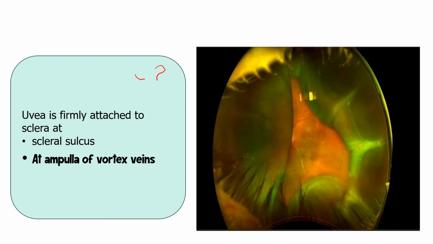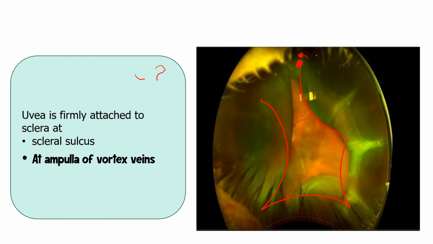Therefore, whenever you have separation of the choroid or the uvea from the sclera because of presence of fluid in the suprachoroidal space, you get this lobular appearance of the detachment of the choroid. This lobular appearance occurs because at the points where the vortex veins ampulla are situated, the choroid is firmly adhered to the underlying sclera and fluid cannot penetrate at those locations.